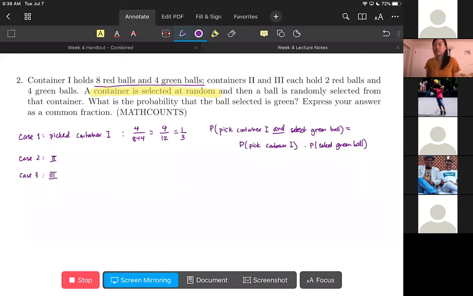I pick the container and then I select the green ball. So to calculate the probability that I pick the container and select the green ball, I can multiply the two together. In this case, 1/3 times 1/3, which is 1/9.